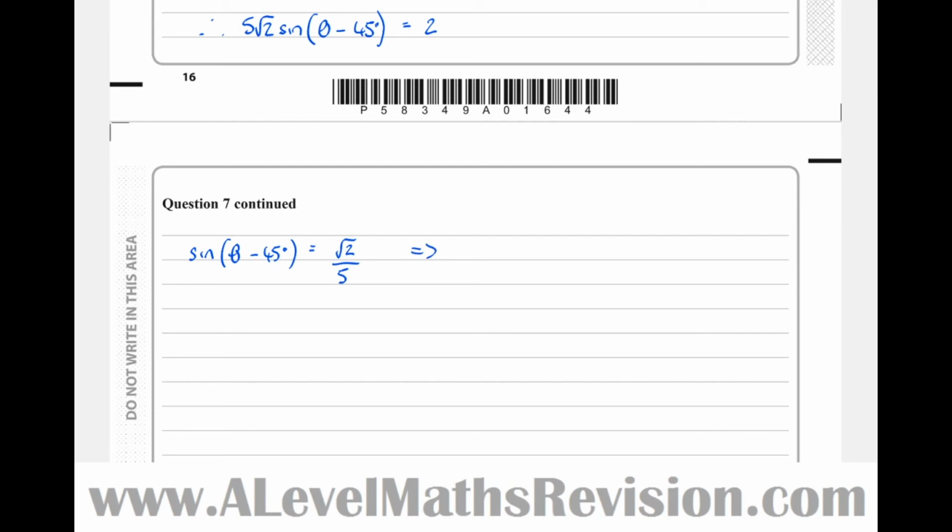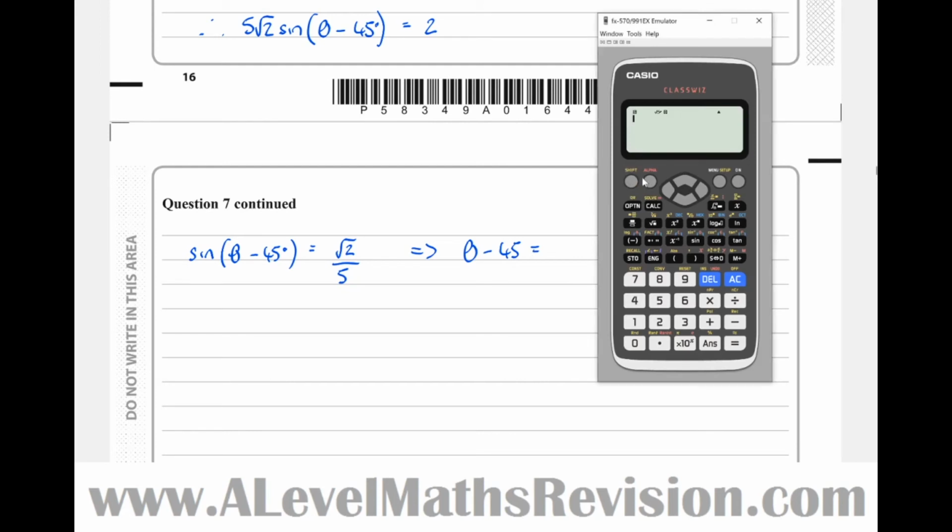So if we arc sine both sides, we get theta minus 45 equals arc sine of root 2 over 5, which is equal to 16.4299.